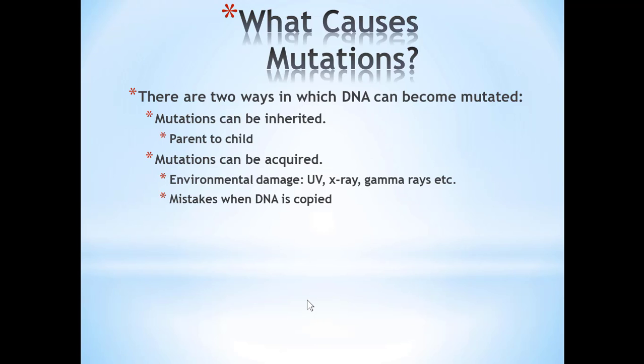Of course, our environment is full of many chemicals. So mutations that result from change caused by environmental chemicals or radiation are called induced mutations. The environmental agents that significantly increase the rate of mutation above the spontaneous rate are called mutagens.